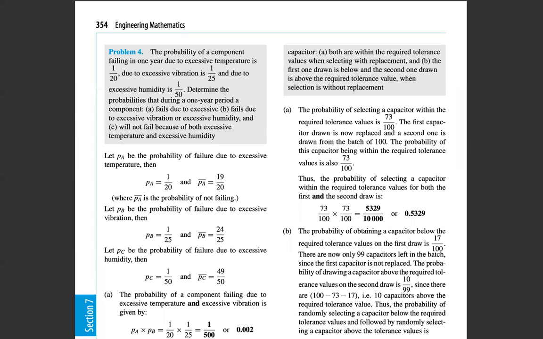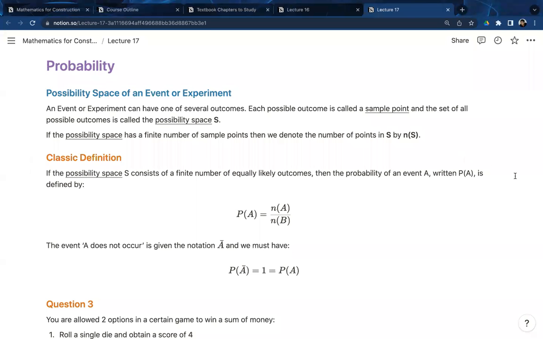Lots more examples for this here. So the idea of a possibility space is the set of all possible outcomes in an experiment or event. We use these terms, event or experiment; it just means a situation that can have many outcomes.